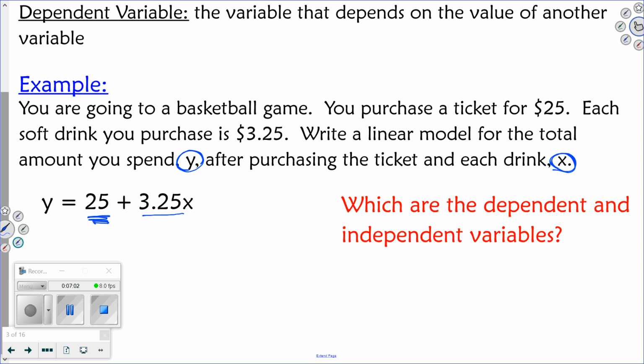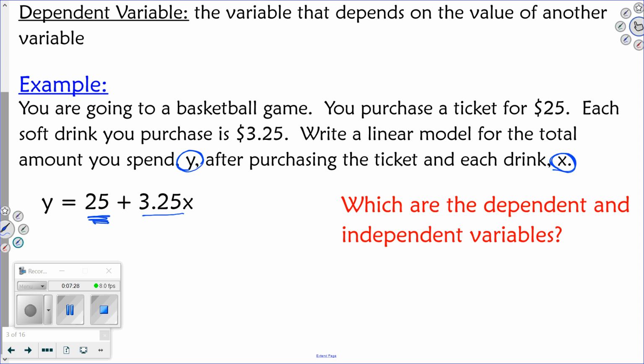What does 3.25x stand for? The drinks. It's 3.25 for every drink. Well, I didn't tell you how many drinks I was having, so it's 3.25 times however many drinks I'm going to buy. Okay? And then those two things added together would give me Y, which is the total amount I spent.